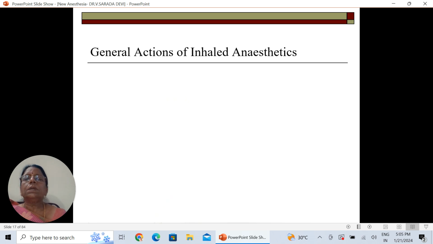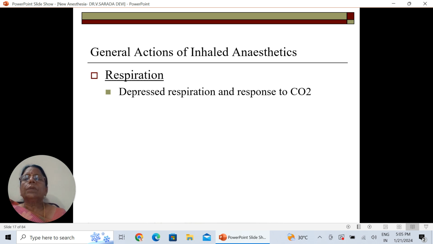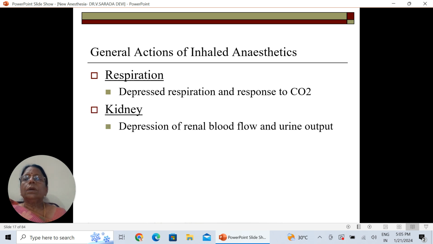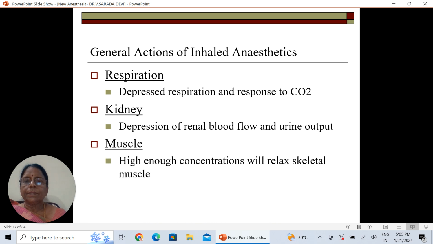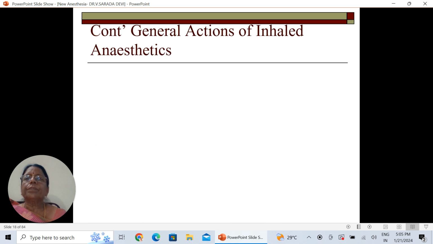General actions of inhaled anesthetics. Respiration: there is depressed respiration and response to carbon dioxide. Inhaled anesthetics depress the renal blood flow and urine output. Muscle: at high enough concentrations they will relax the skeletal muscle also.